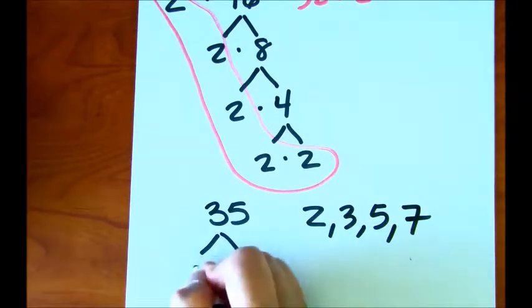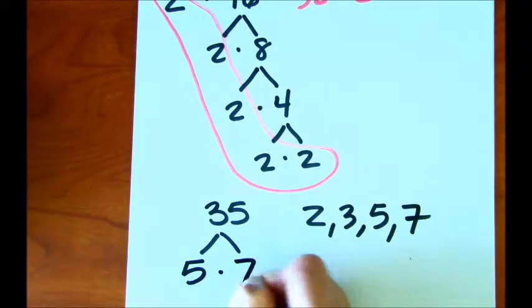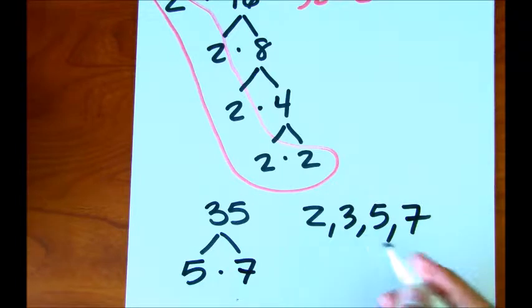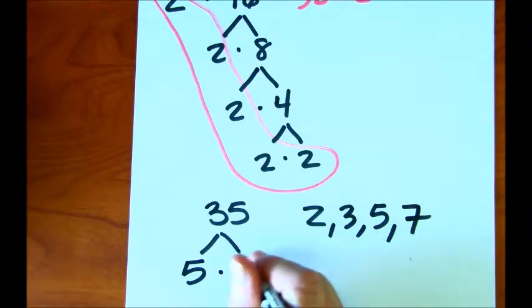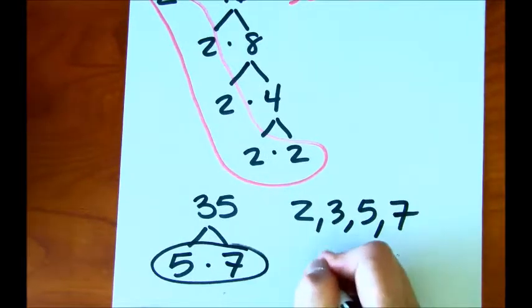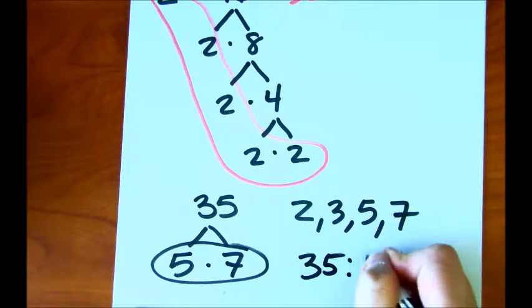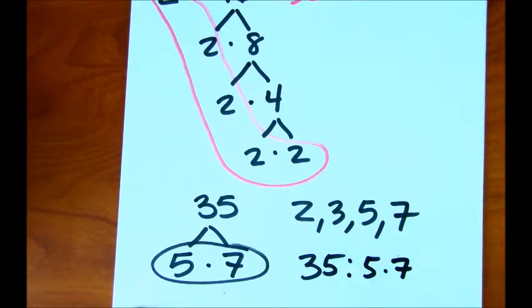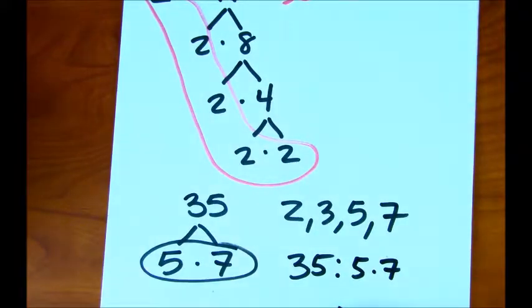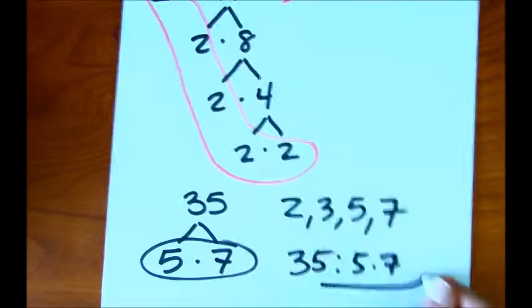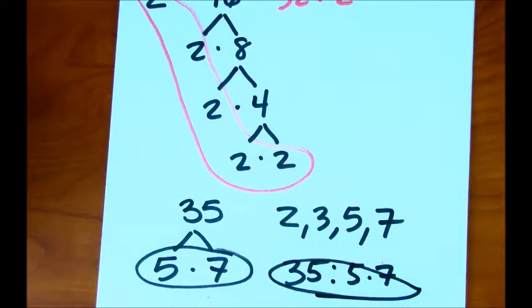So I'm going to start with the 5. 5 times 7 is 35. And you know what? Both of them are prime. So that's my answer. 35 in prime form is going to be 5 times 7. And notice we're not going to just rewrite it as 5 to the first or 7 to the first. This is the simplest way to write it.